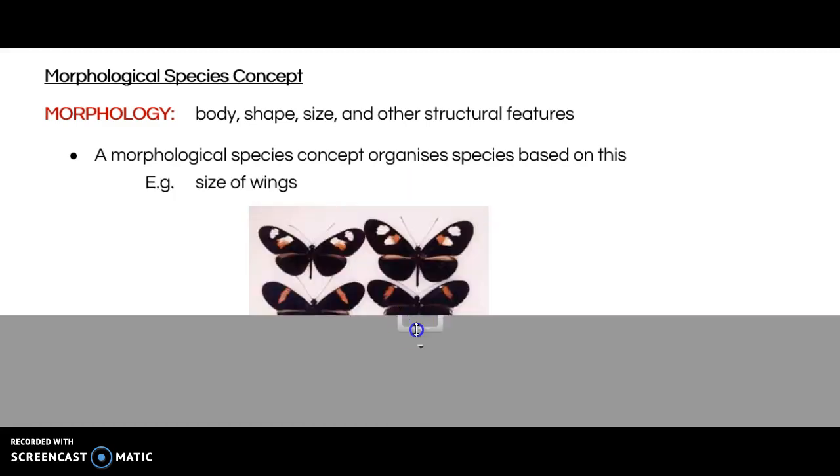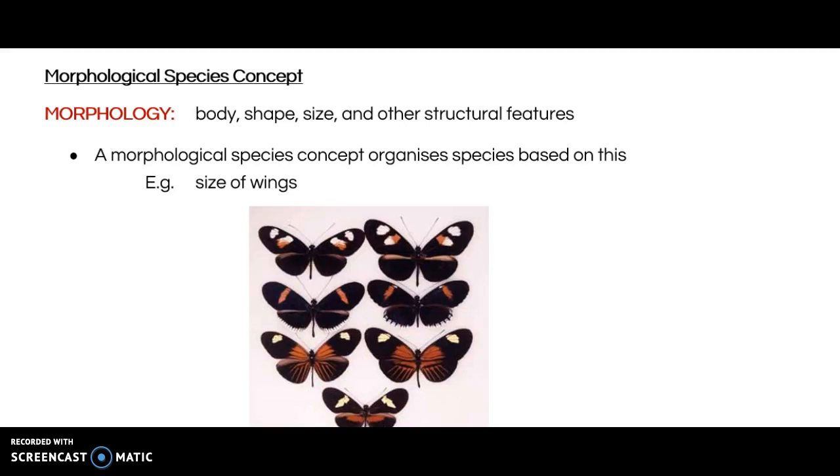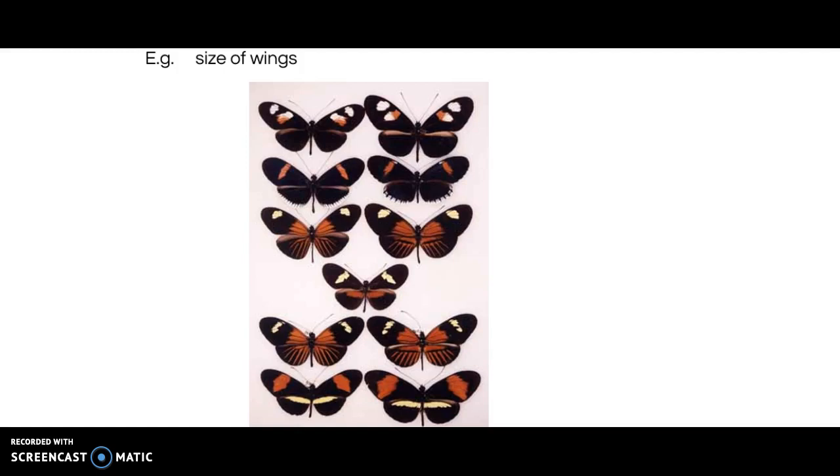So I have a little diagram here. Let me see. All right, here we go. I'm going to expand this window just a smidge. And so for these butterflies that we're looking at here, or moths, when we look at the differences between these organisms, we can see varying ways to classify them, right?